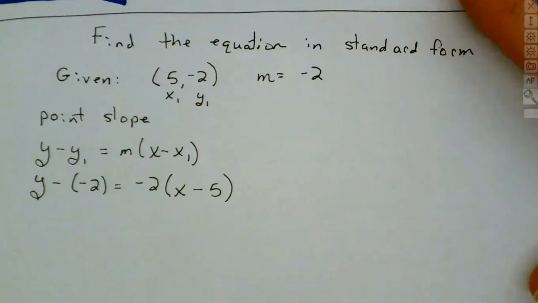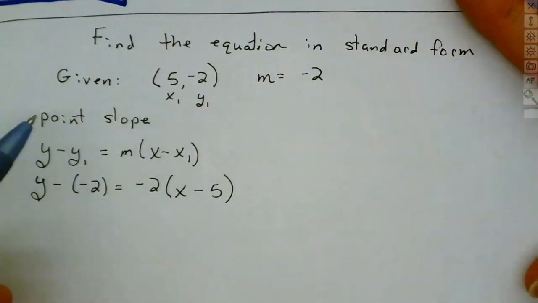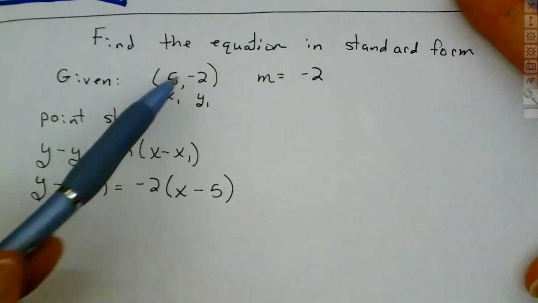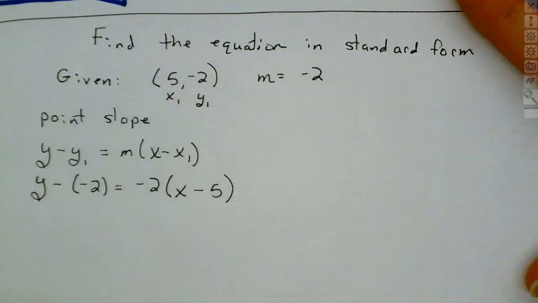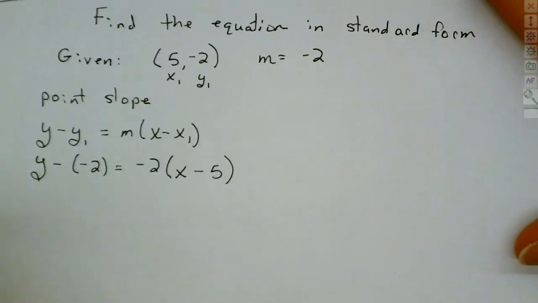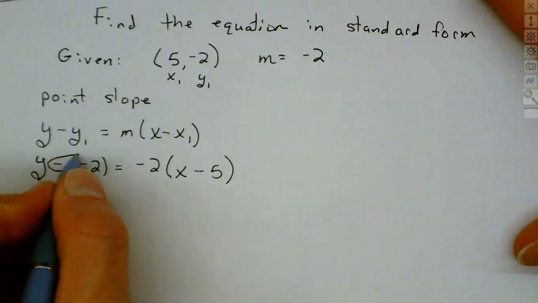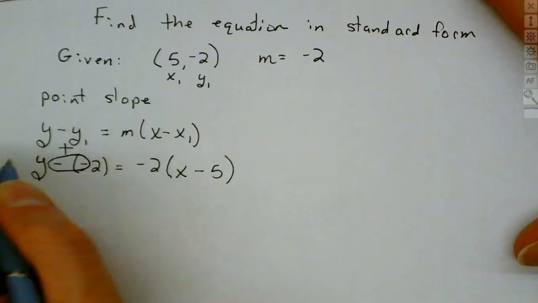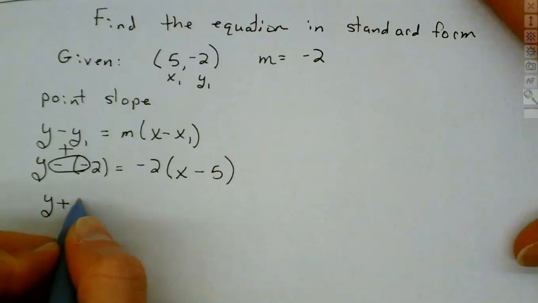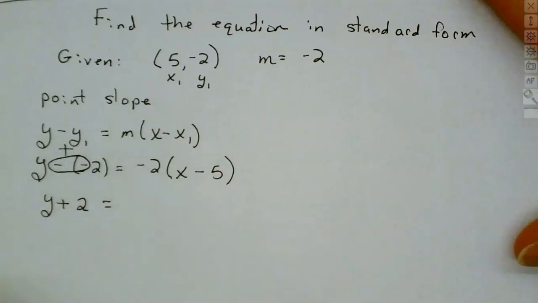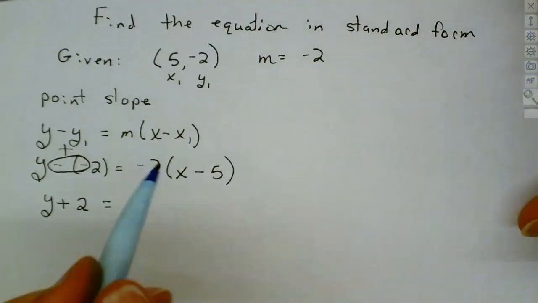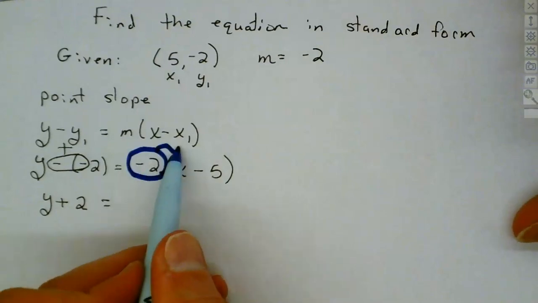So we just plugged our values in for y1 and x1. And now we can finish it, because a double negative here makes that a positive. So that's y plus 2. On the other side, we're going to distribute the negative 2 through.